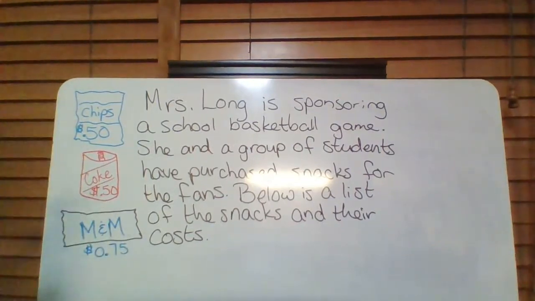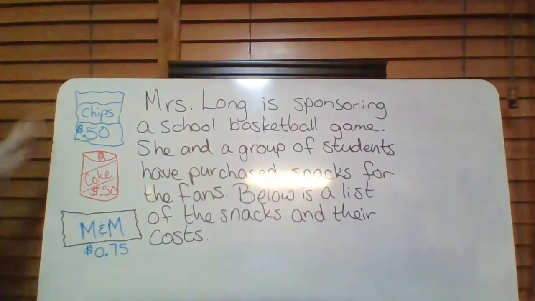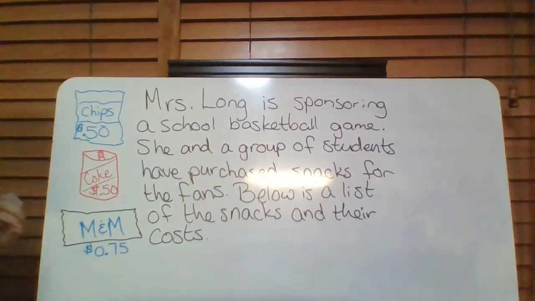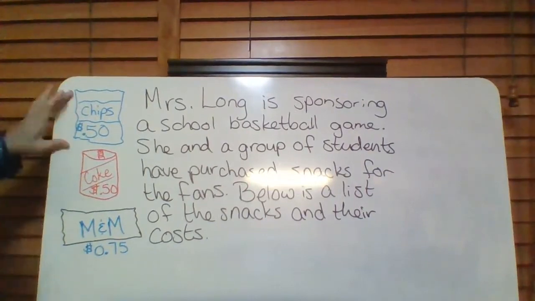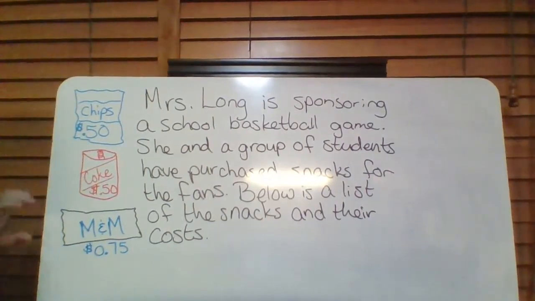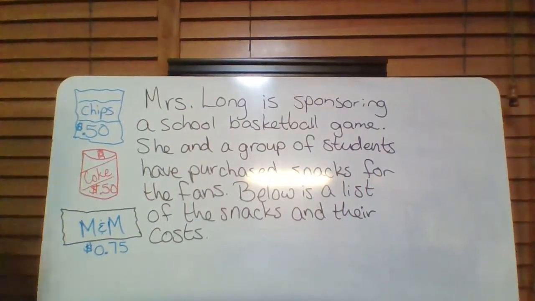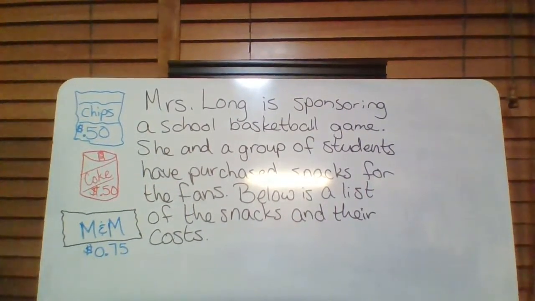All right? So that's what we have. So we have chips, we have drinks, and we have M&Ms. We have candy. Okay? All chips cost us 50, all drinks cost us 50, and all candy cost us 75. All right.